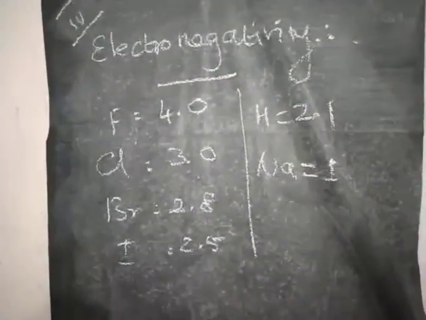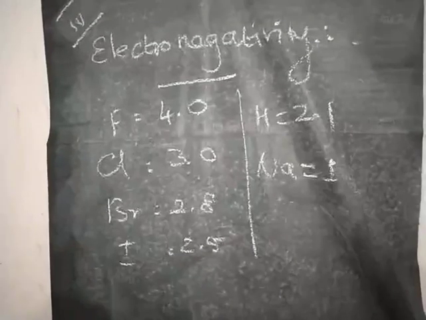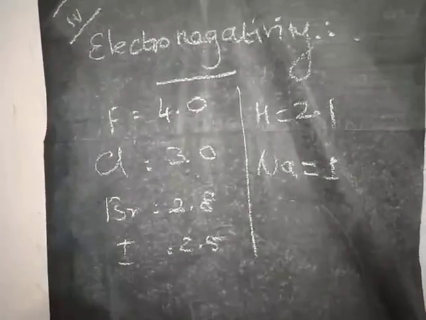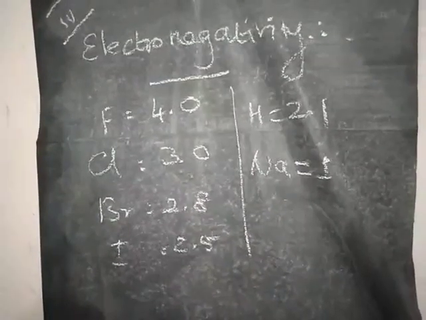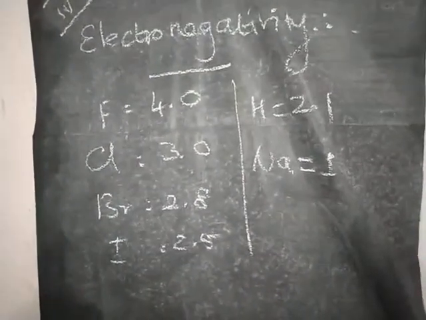If the difference of electronegativity between two elements is 1.7, the bond has 50% ionic character and 50% covalent character.